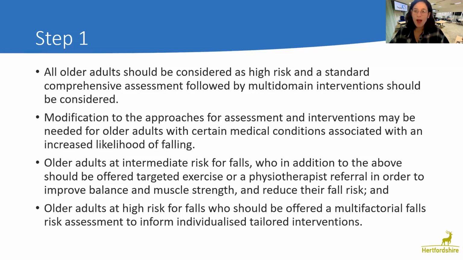They could have lost consciousness. They could have also had a fainting episode. But generally, if anybody's had that serious injury and they've fallen in the last 2 years, then we're looking at that high risk. And this is where those specific interventions come into play.